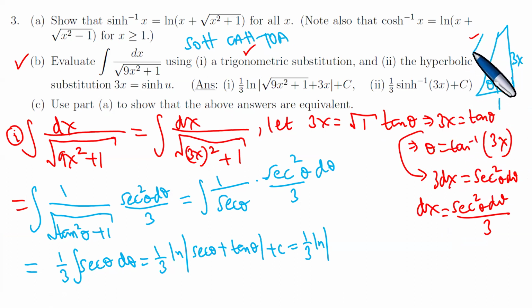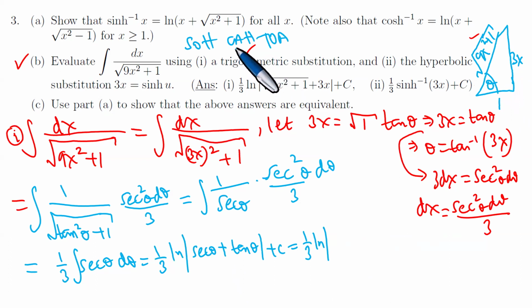Then you need to get the hypotenuse, which is exactly this squared plus this squared, square root. Okay, so if you square a 3x, you get 9x squared. You add the 1, you put a square root like this. So that now the secant of theta, you go back to the triangle like this. What is the secant of theta?